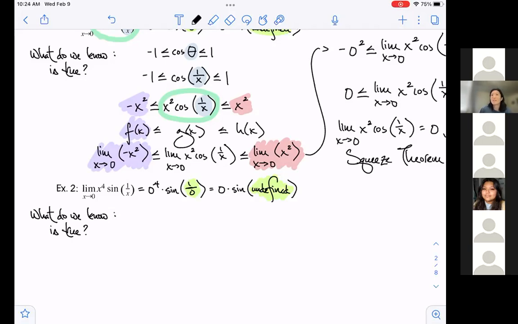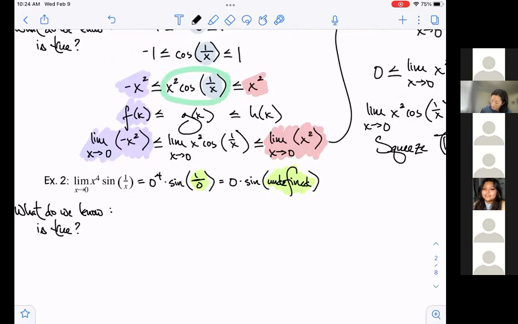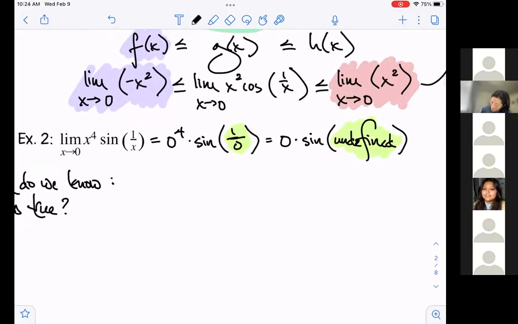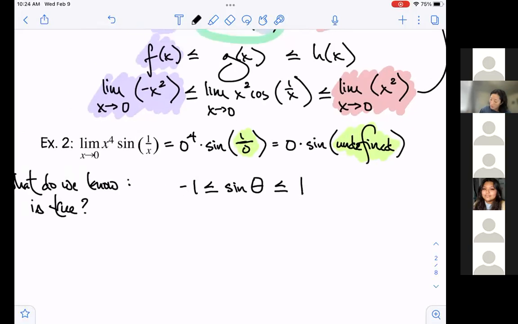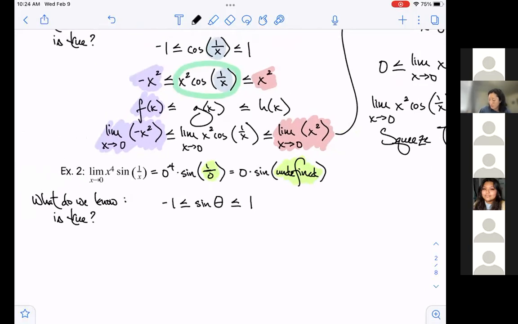Sine and cosine have the same range, meaning from -1 to 1. So we can say -1 is less than or equal to sine of theta, which is less than or equal to +1.